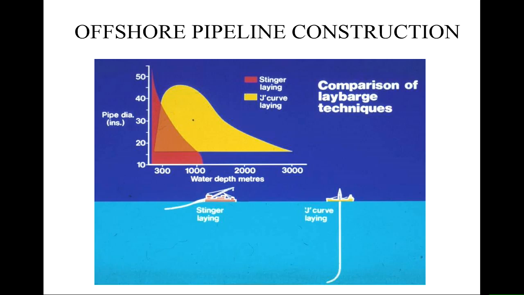There's two types of lay barge. There's what we call S-lay and J-lay. In S-lay, this one here, the pipe comes out of the back of the barge, and it's sometimes called a stinger. It's a bit like the sting of a bee. But it goes down, and then it goes horizontal on the bottom of the sea, and it has the shape of an S. So the welding is horizontal, and the pipe ends up horizontal.